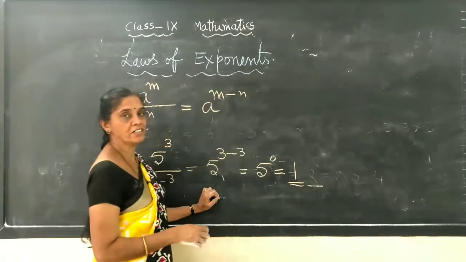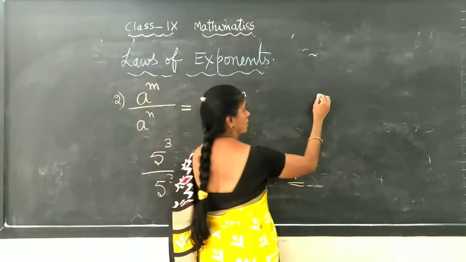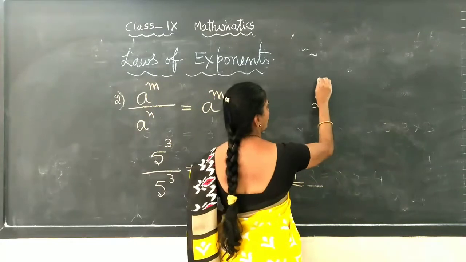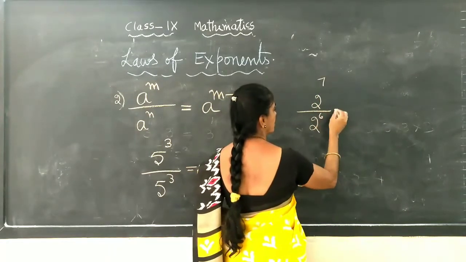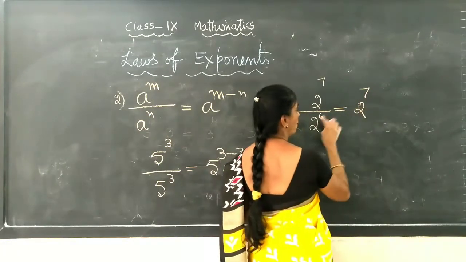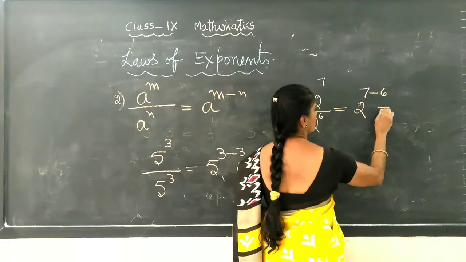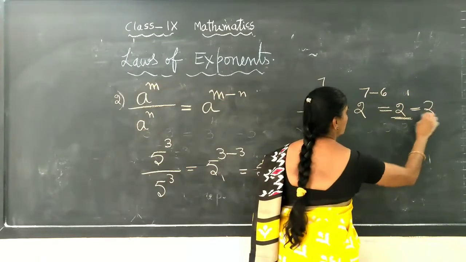So it is 1. Or say 2 to the power of 7 divided by 2 to the power of 6 is equal to 2 to the power of 7 minus 6, is equal to 2 to the power of 1, is equal to 2.